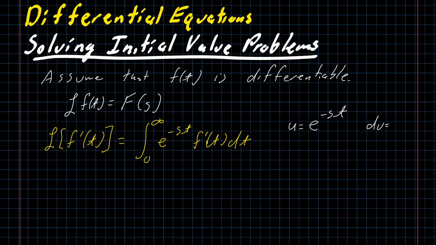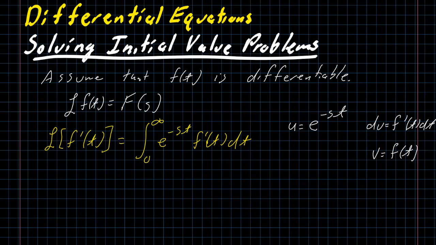If I set dv as f prime of t dt, then by inspection, what do you differentiate to get f prime of t dt? Well, that's the differential of f of t.